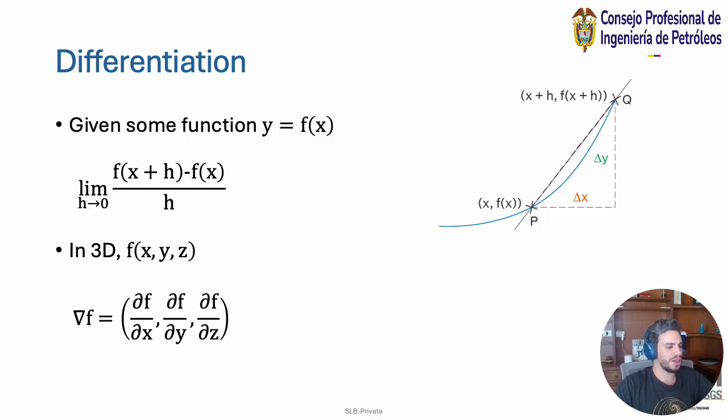So here we focus on the most basic derivative definition as the limit. You can see that displayed on the slide. This is important because flow equations like Darcy's law depend on pressure gradients, which we discussed earlier, and they are basically the first derivatives.